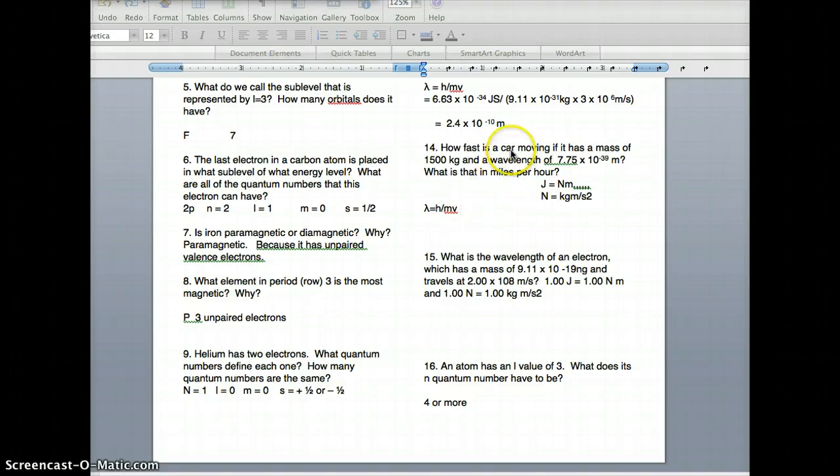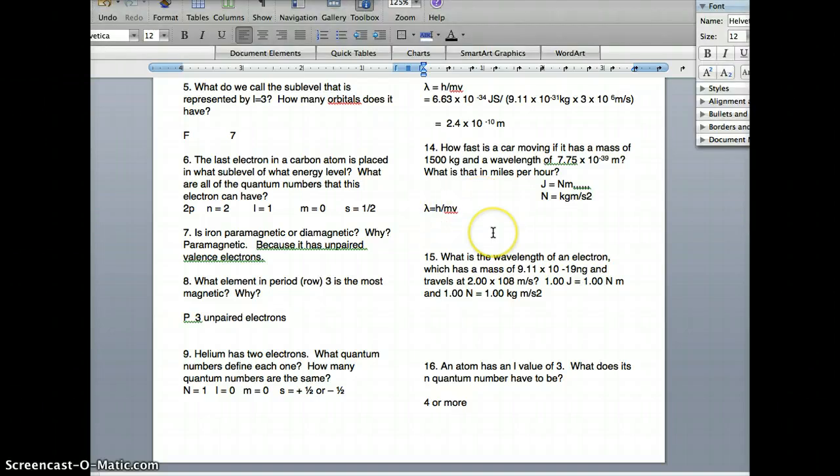Since this is a wavelength of a particle kind of problem, we're going to need to use this equation. So we know what wavelength is. It's 7.75 times 10 to the negative 39th. And that's equal to Planck's constant, which is 6.63 times 10 to the negative 34th.